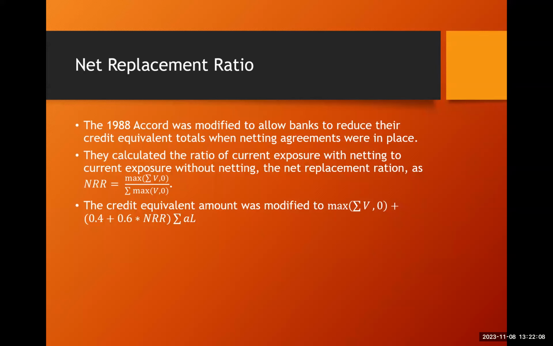And then we calculate the credit equivalent amount. It'll be the maximum of this portfolio value, comma 0, plus 0.4 plus 0.6 times the net replacement ratio, times all those add-on factors.